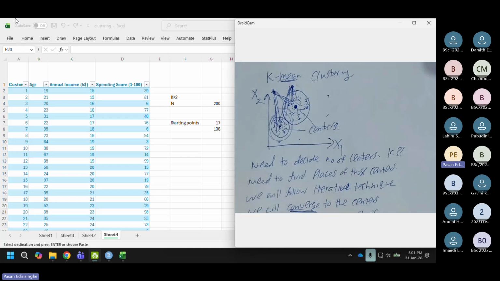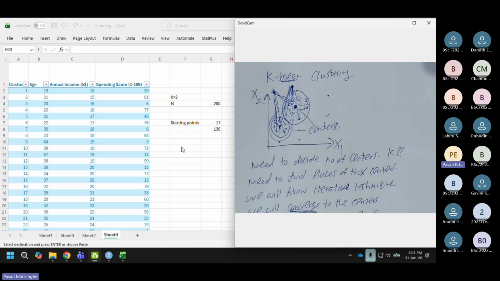You measure the distances and put them into the two groups, recalculate the center again, put them into groups again and recalculate the centers again, and so on. You have to keep doing that for several iterations. So that is the process that we are going to follow.